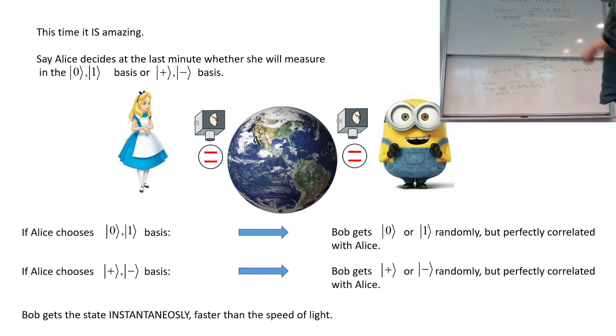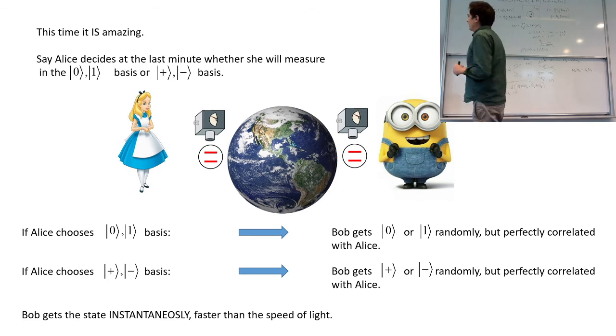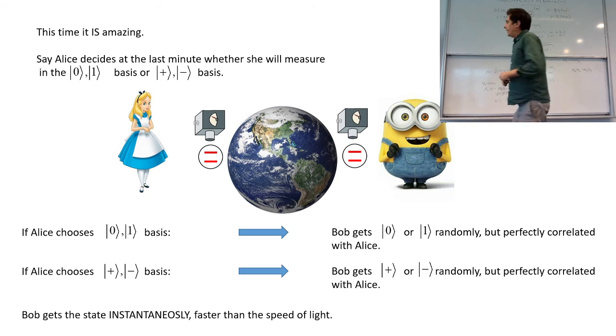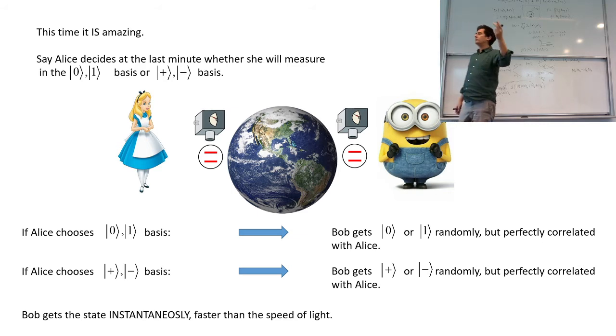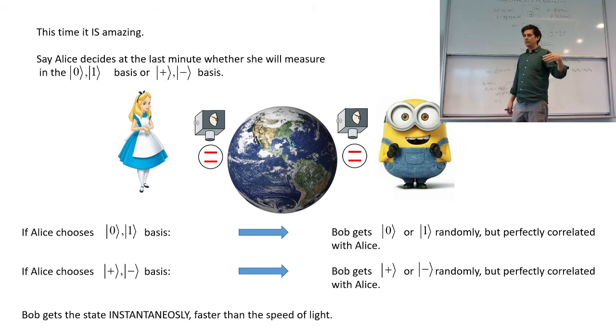I would claim that this is actually amazing, because if you think about what happens, suppose we think of the experiment like this. We've got Alice and Bob at separate ends of the Earth. Say Alice randomly chooses between the 0, 1 basis or the plus minus basis.